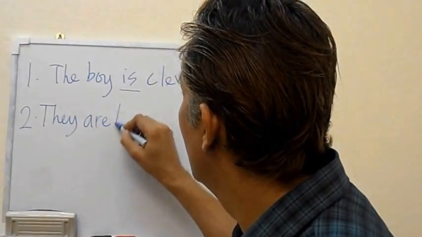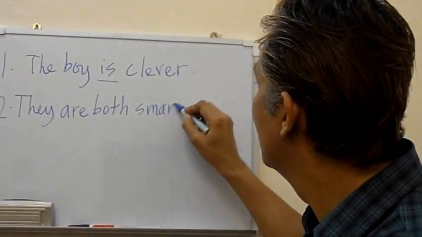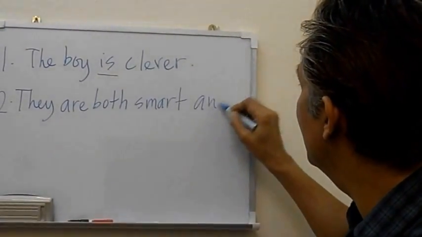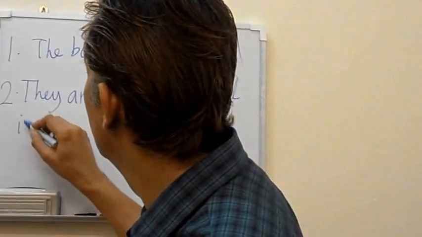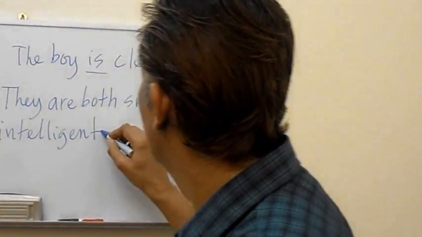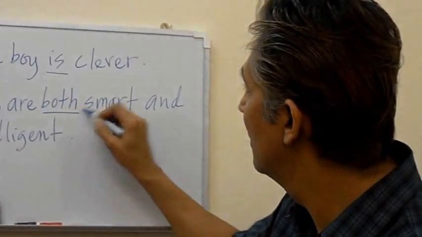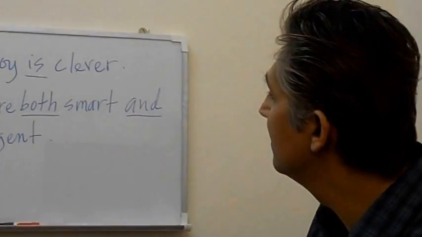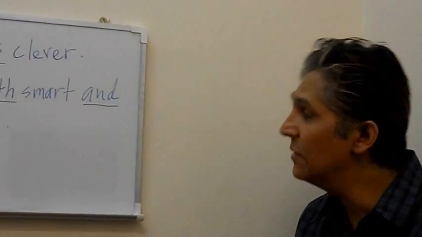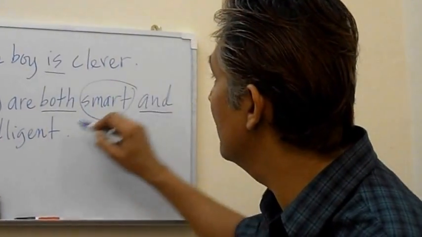They are both smart and intelligent. Both and, they are correlative conjunctions joining the adjectives smart and intelligent.